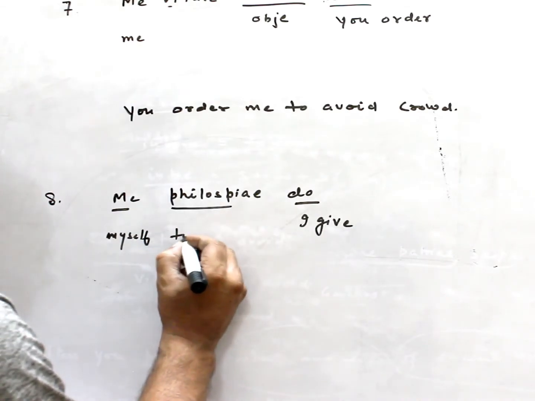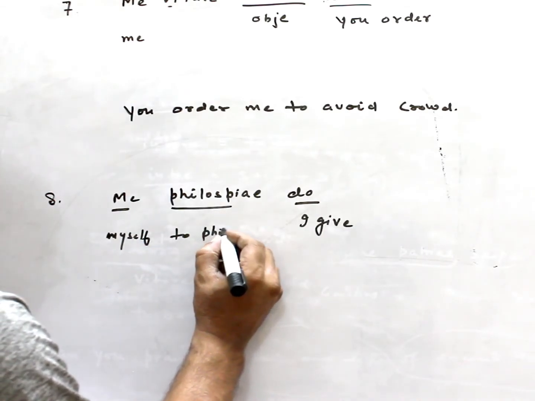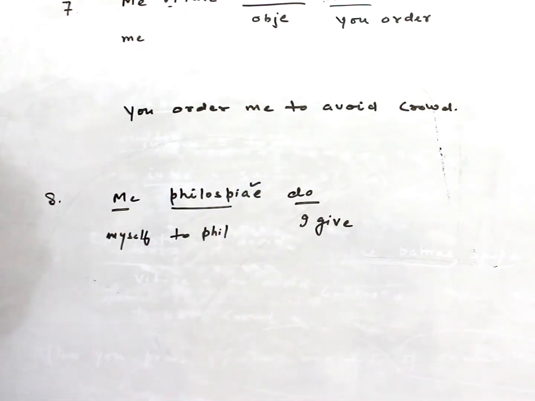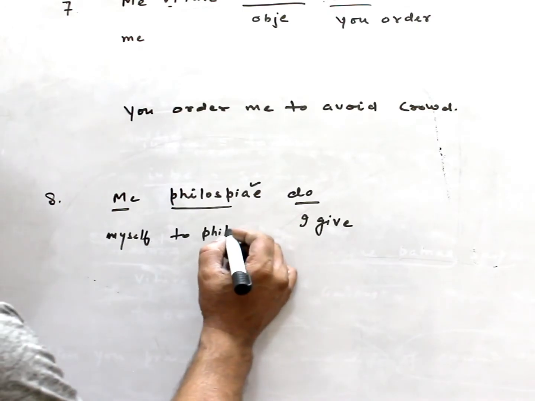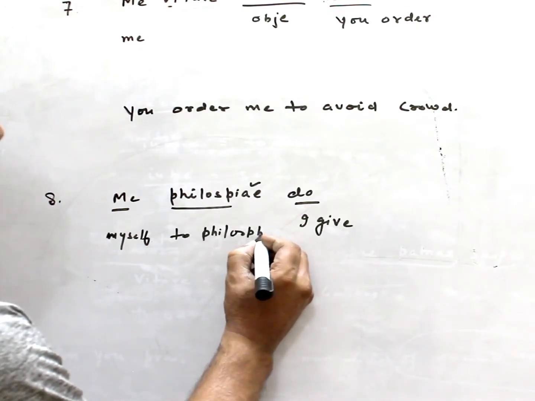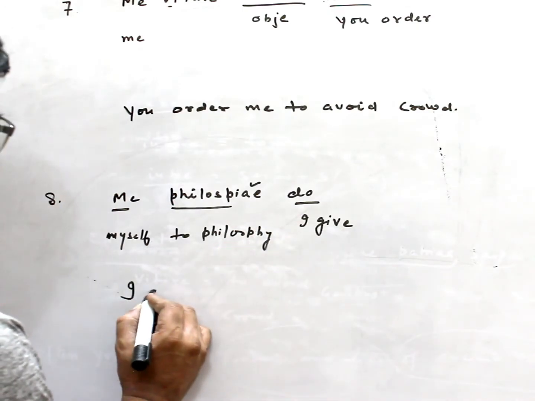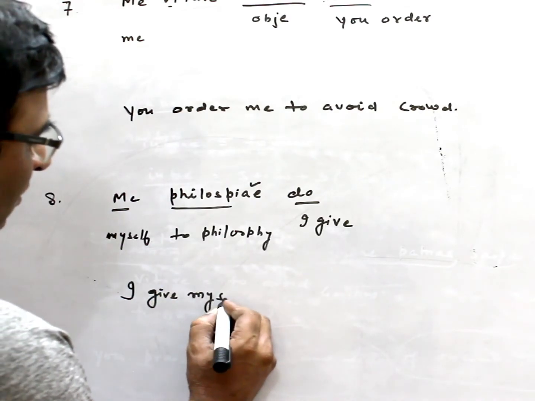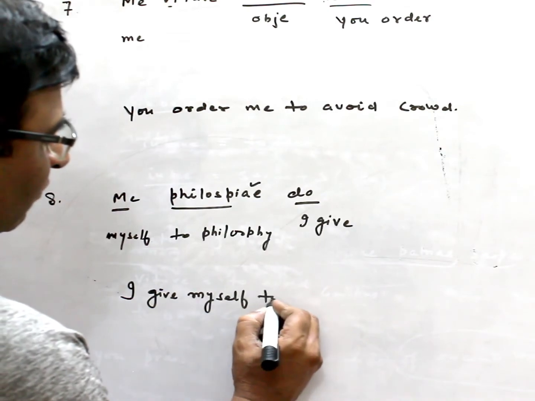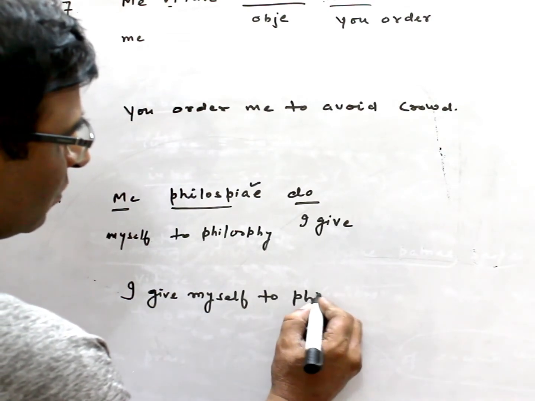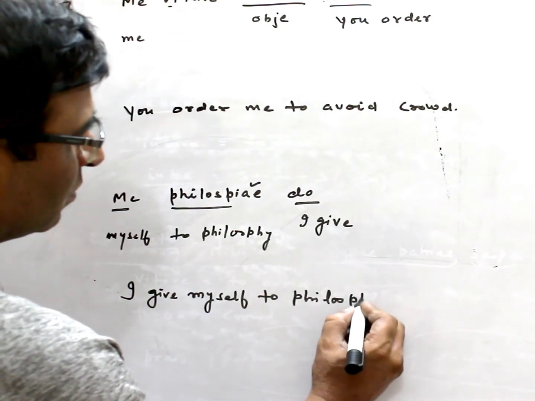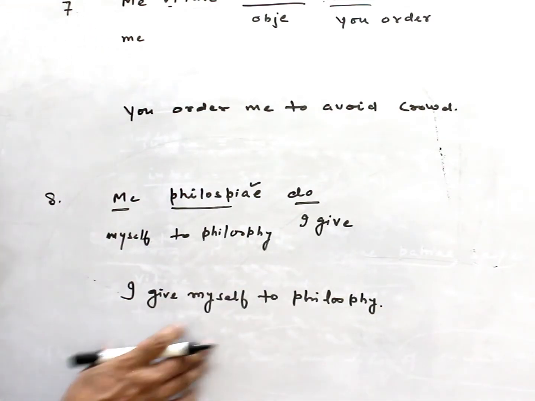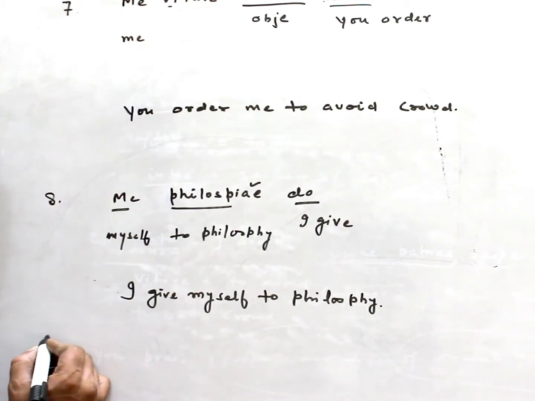Close pi is to, because it is dative. I give myself to philosophy, or I study philosophy. I devote myself to philosophy.